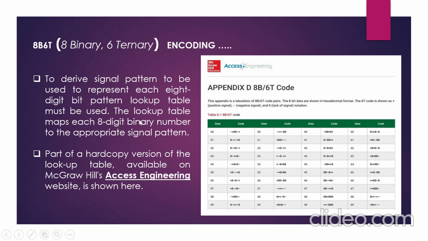But here, since there are many combinations, the lookup table must be used. What is the function of the lookup table? It maps each 8-digit binary number to the appropriate signal pattern.